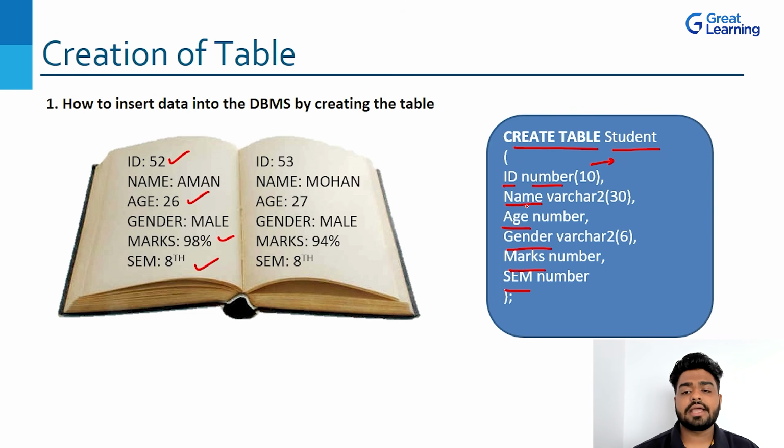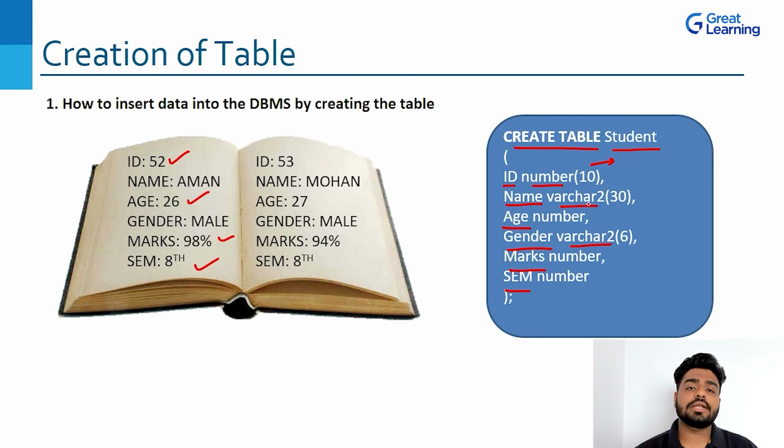So you have given a particular limited capacity to it, which is 10. Similarly, for name and gender, we have varchar2, which is another data type. Don't worry, we will see what data types are and how to write them in our other topics. Right now I'm just telling you that these are the data types. Why is it named varchar2, not only varchar?